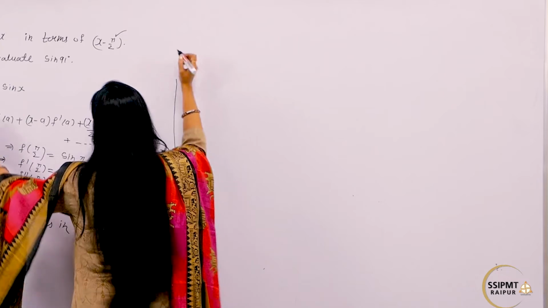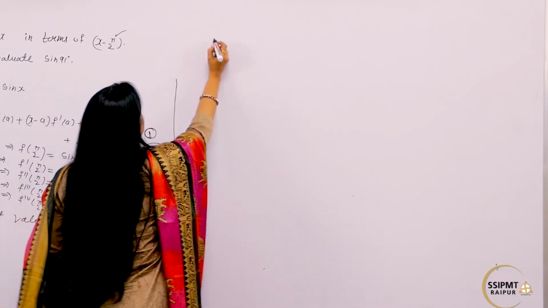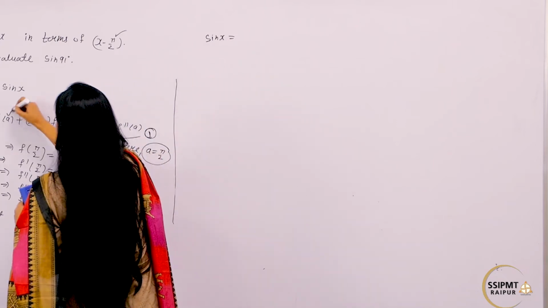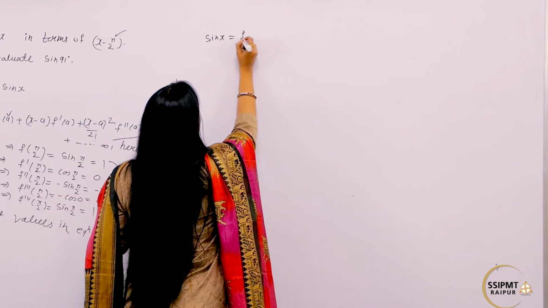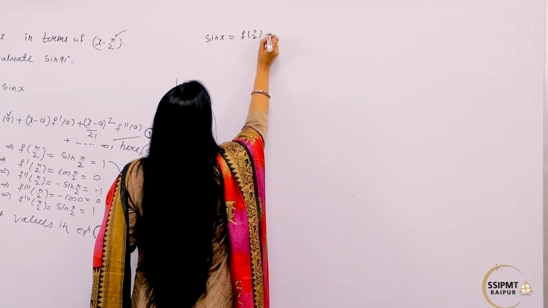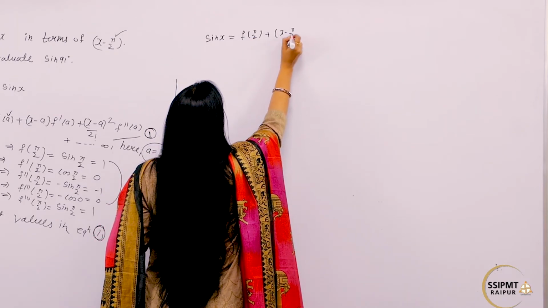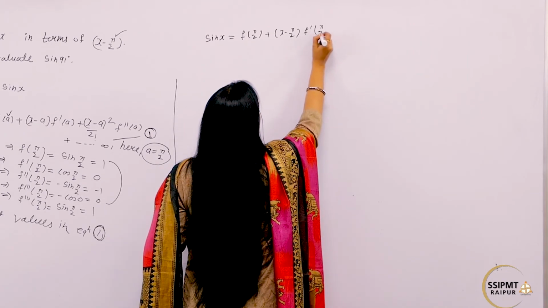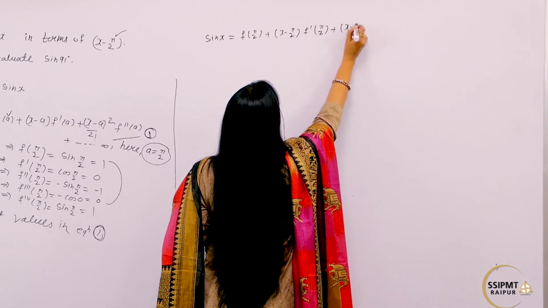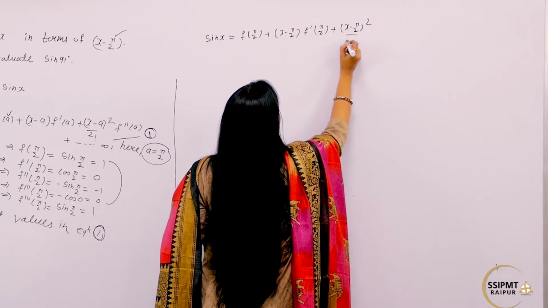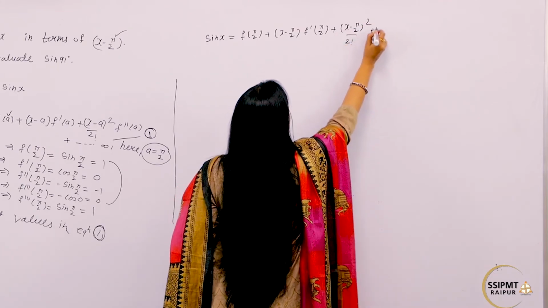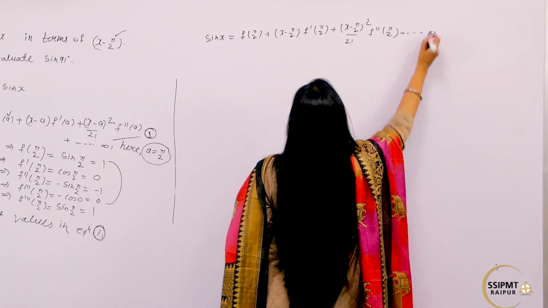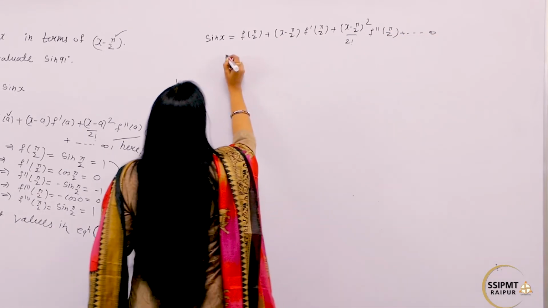So f(x), which was sin x, is f(a), means f pi by 2, plus x minus pi by 2 f dash pi by 2 plus x minus pi by 2 whole square by factorial 2 f double dash pi by 2, since the value of a is pi by 2 in this question.